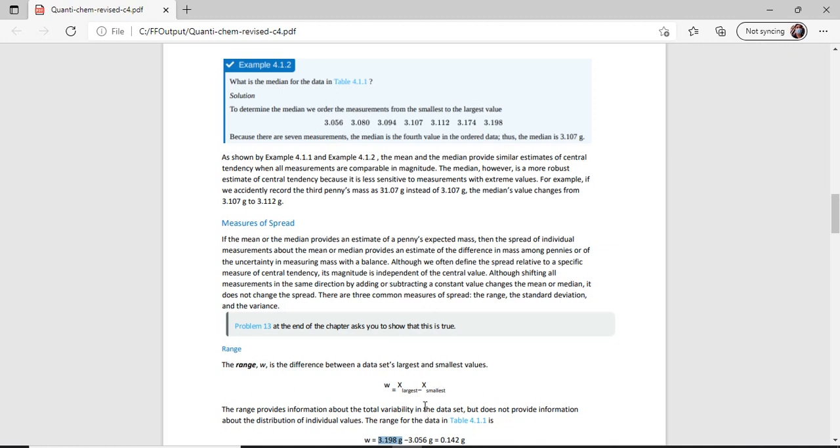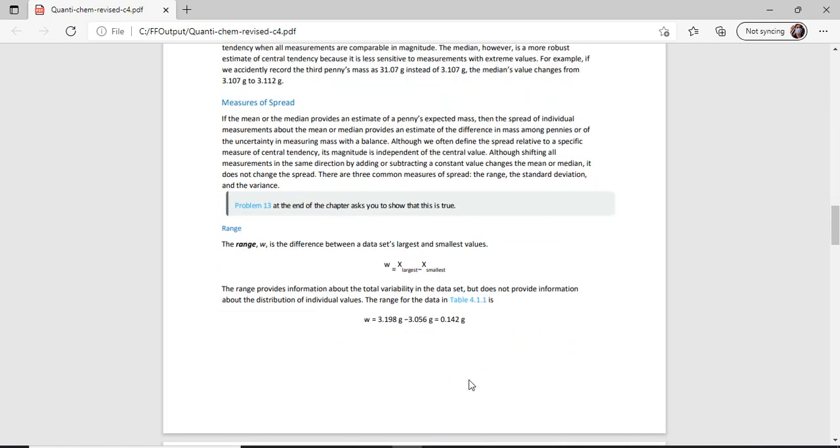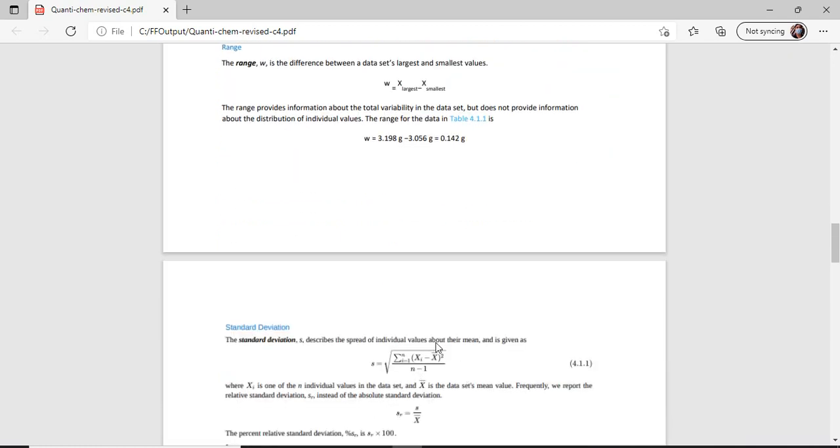You just subtract, and the range of our table is 0.142 grams. The range is simply the highest minus the lowest available data.